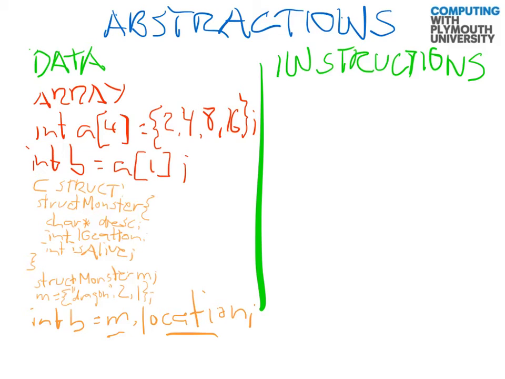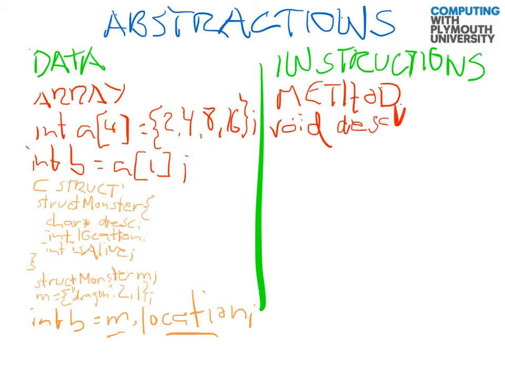The most common abstraction mechanism for instruction is the method, sometimes called a function or a procedure, but in Java we call it a method. The way we declare methods in Java is by giving its return type, then a name.